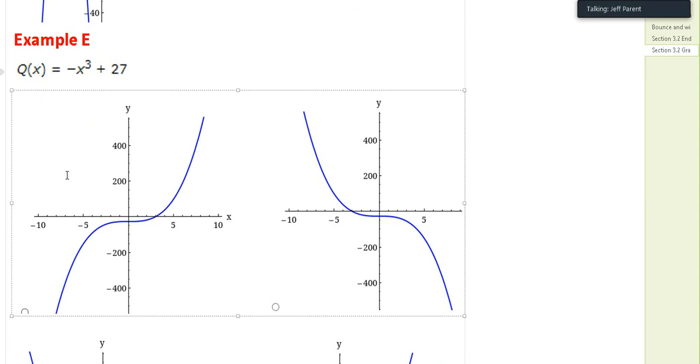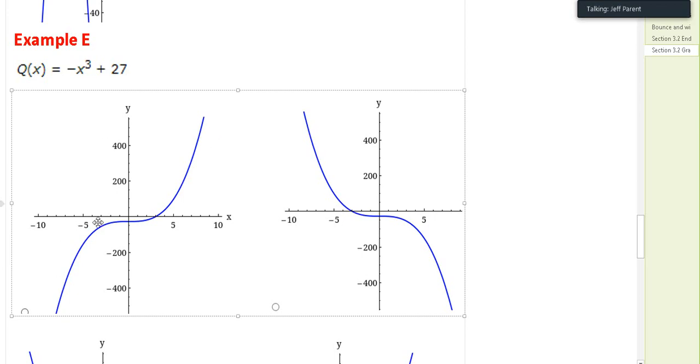And there's nothing wrong with you taking out your graphing calculator or taking out decimals and checking, well, which one's which. But you shouldn't need to. You should be able to tell me 2 reasons why this first graph here is not the graph of negative x cubed plus 27. I'll take one of them. What's one reason that this shouldn't be the right graph? Leading coefficient is negative, so it's not the first line.